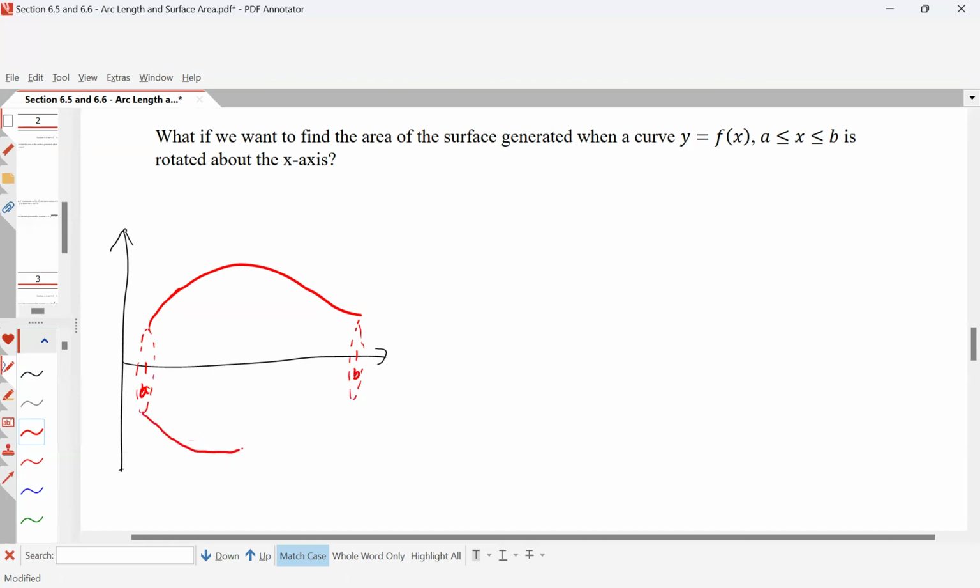Well, using integrals, we always have this start of let's split up our interval and look at one specific spot, an xi star, and say, what if I'm trying to find the surface area at that little spot around xi star?